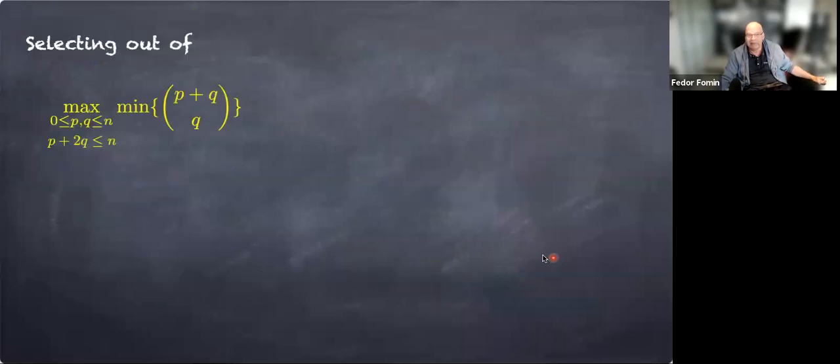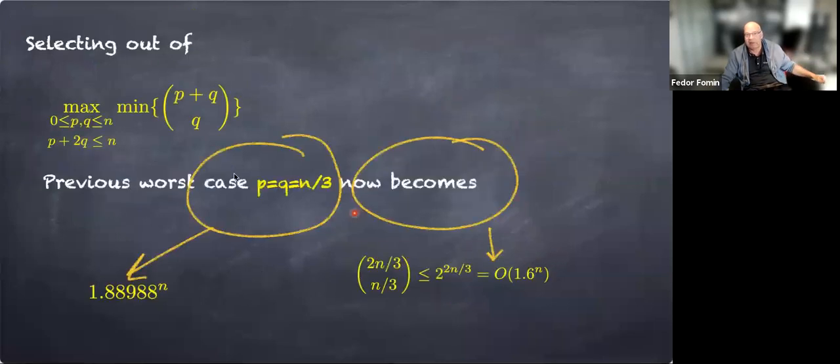Okay, so now I have this knowledge and I can rewrite my formula. Instead of guessing all separators of size P or components of size Q, I can search for the maximum of the minimum of P plus Q choose Q, where I run through the numbers P and Q which satisfy the condition that P and Q are between 0 and n, and also P plus 2Q is at most n.